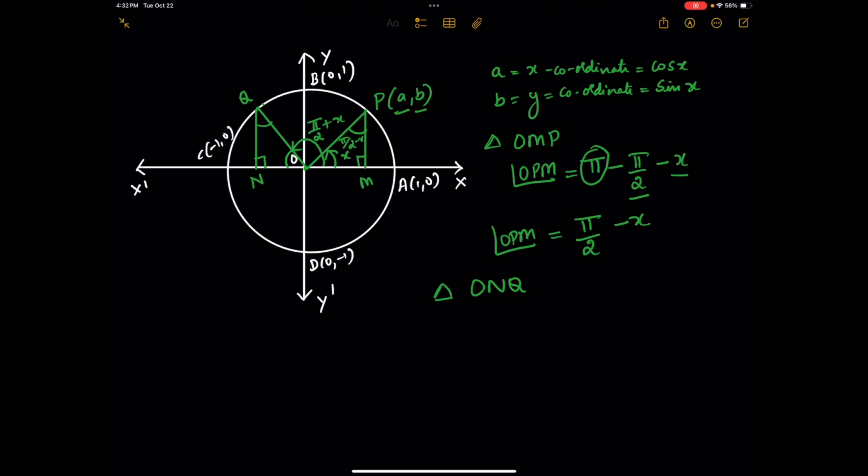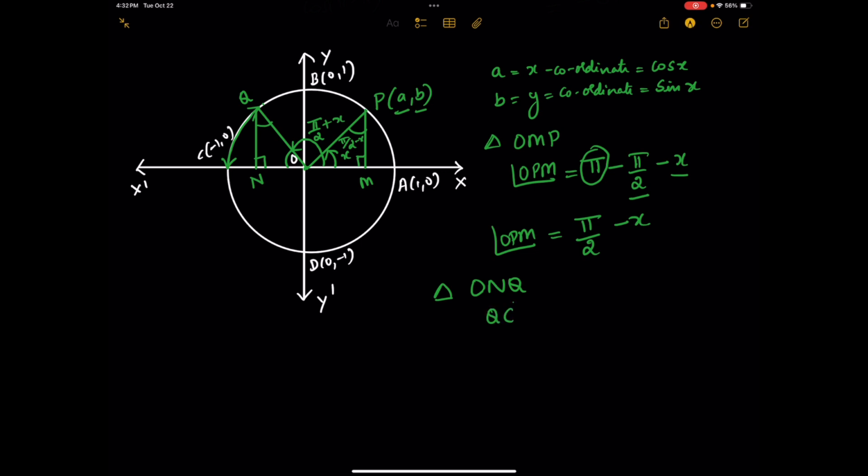So the angle formed at O can be found out by subtracting. So we need to find what the length of arc RQC is. So how do we do that?